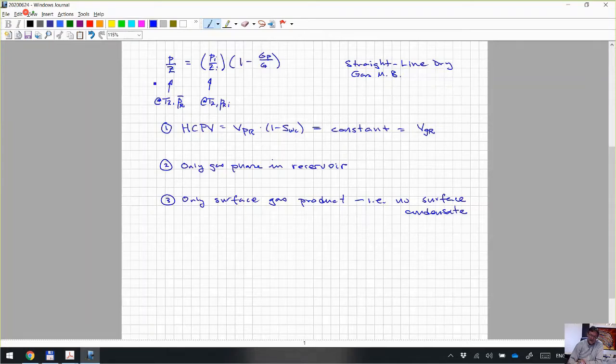Now, likewise, if we use the version of this with the aquifer, remember yesterday I talked about that 1 minus Ce term. This is just one of very many forms of the equation.